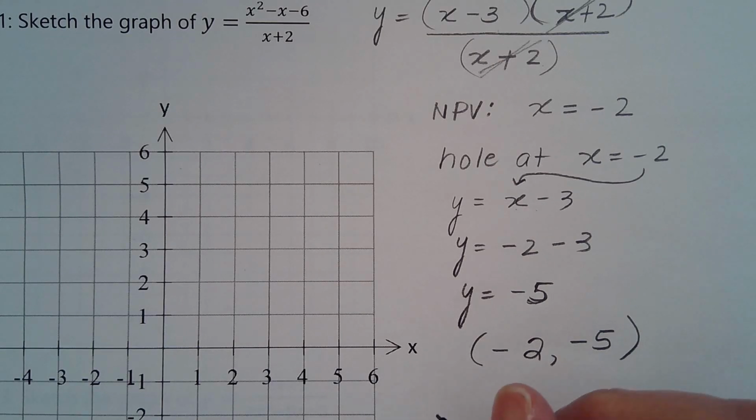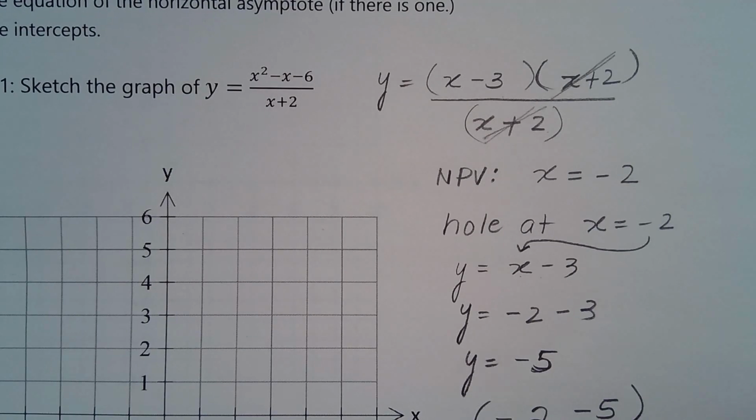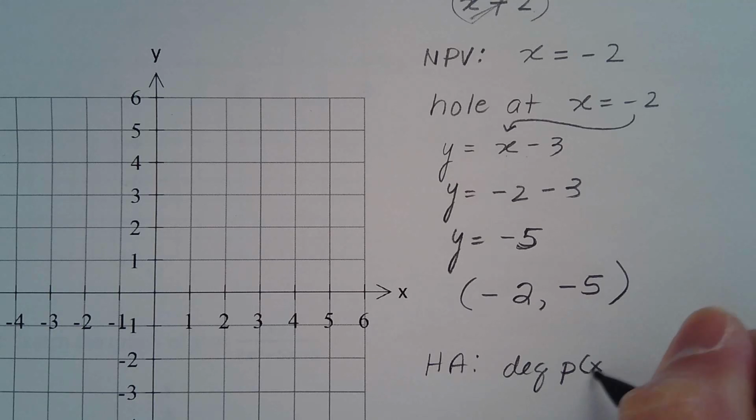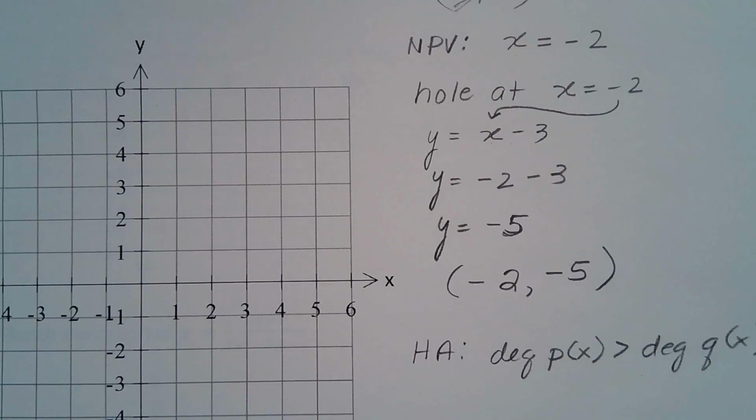Now what about the horizontal asymptote? The degree of the numerator, p of x, is greater than the degree of the denominator, q of x, by 1.